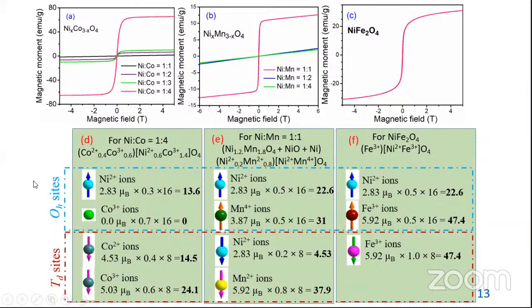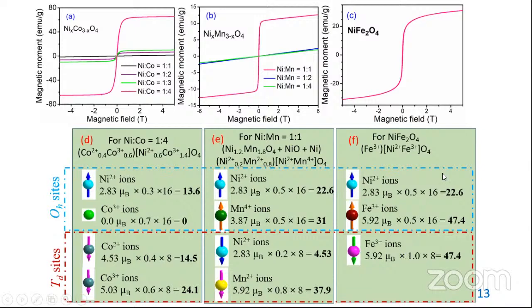The difference between the total magnetic moment of the octahedral and tetrahedral sites gives the net magnetic moment, which we will discuss later. We did the same for nickel manganese: we arranged the ions, considered their octahedral and tetrahedral fractions, and this is the net contribution to the magnetic moment per unit cell.